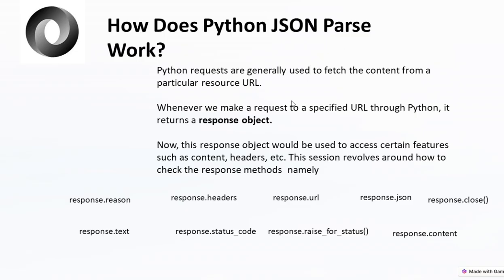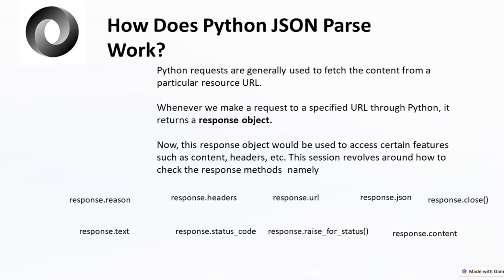First, we need to understand what a response is. Whenever I make a request to a specified URL through a Python script, it will return an object which we call the response object. This response object gives access to various features of the URL like content, headers, status, and many more.